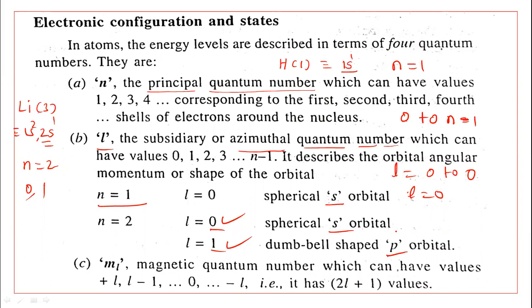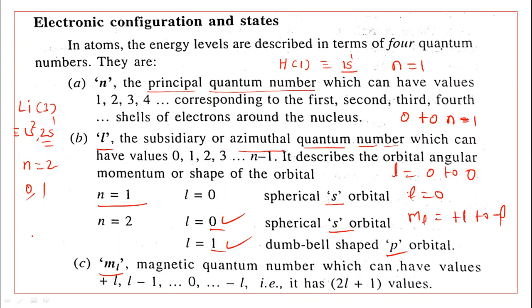Now the third quantum number, that is the magnetic quantum number ML. We should understand these four quantum numbers. The magnetic quantum number can have values from minus L to plus L, or plus L to minus L. Suppose that L equal to 1.